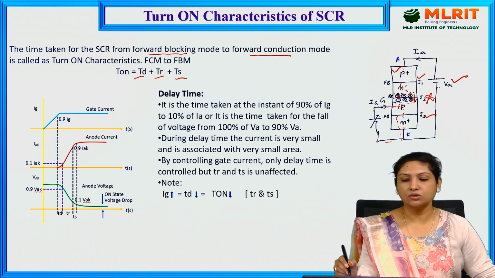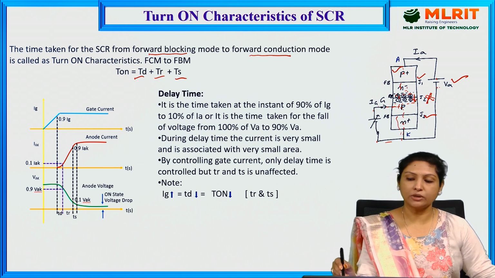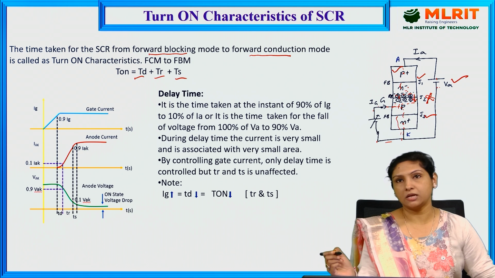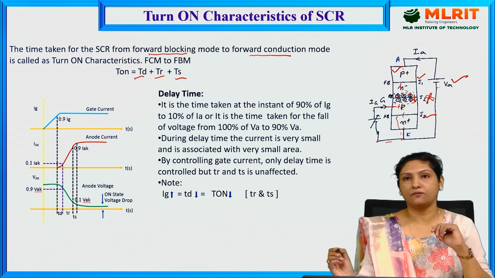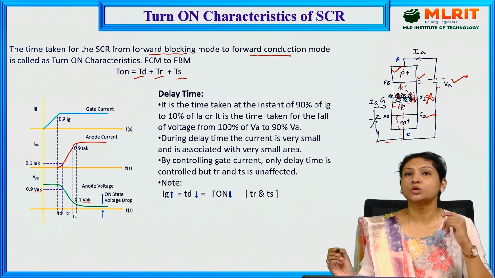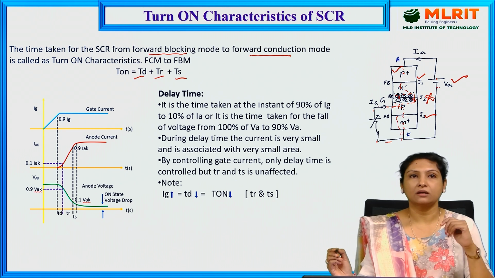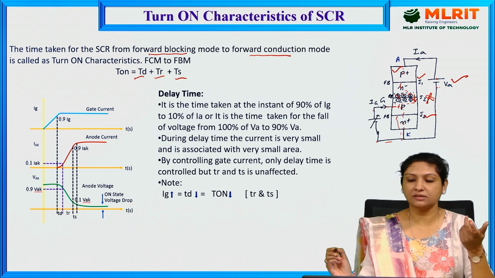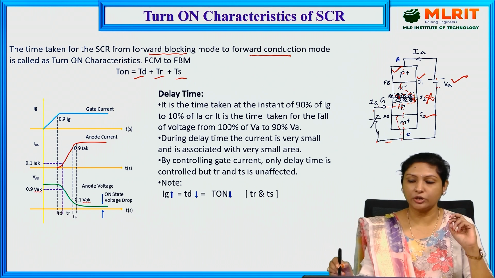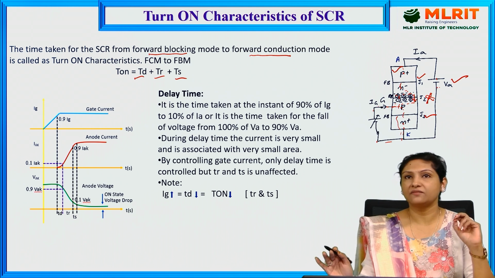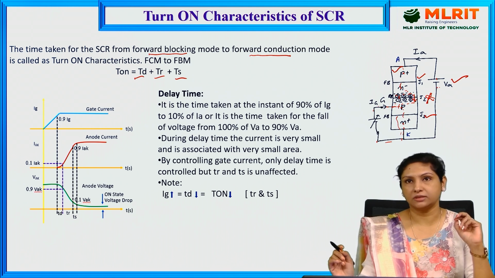Because of the gate current magnitude, more electrons will jump into the N minus layer, and in this process, more leakage current flows. This is a cumulative process, because of which the leakage current increases, and at some point, junction J2 will break. Because of this there is no barrier anymore, and the device comes into the conduction state.